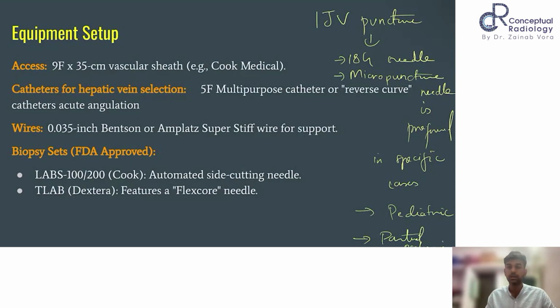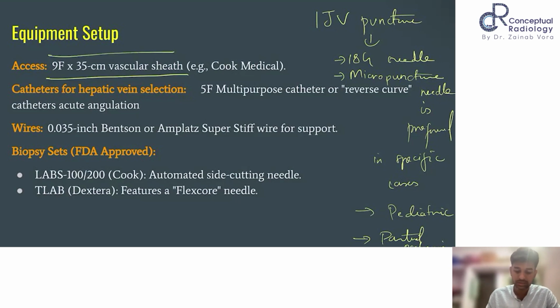Once we do a puncture, we insert the guide wire. We'll see the step-by-step procedure in the next slide. First, we puncture the internal jugular vein, and once we see a gush of blood from the cannula, we insert the guide wire. Once we insert the guide wire, we exchange it with a 9 French vascular sheath using the Seldinger technique.